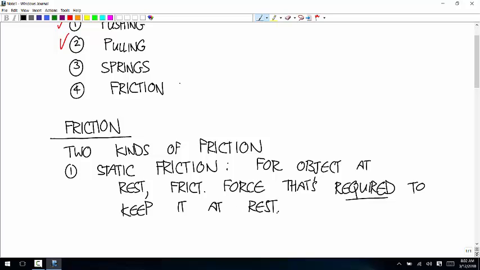So let me show an example of that. The normal force is perpendicular to the surface. We talked about that. That's a pushing force. The friction force is parallel to the surface. And so right now, what friction force parallel to the surface is required for this not to accelerate one way or the other?